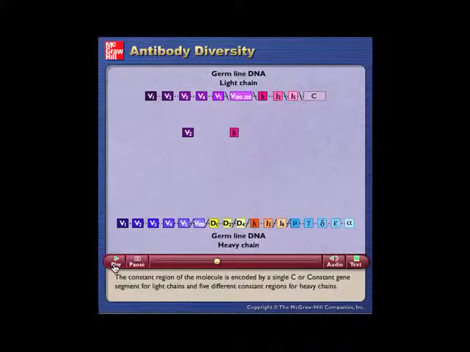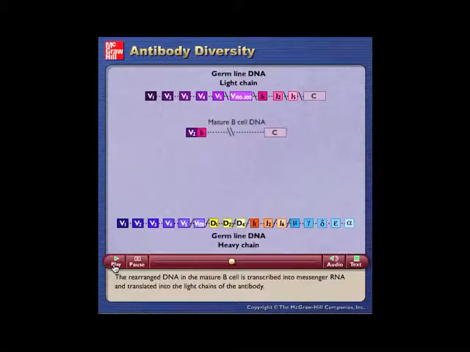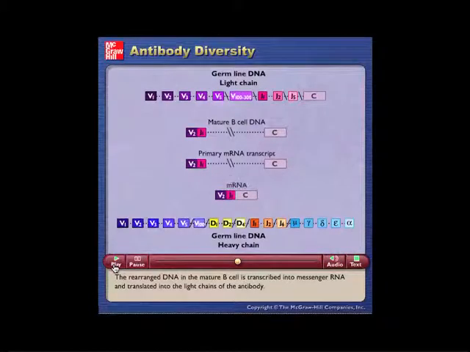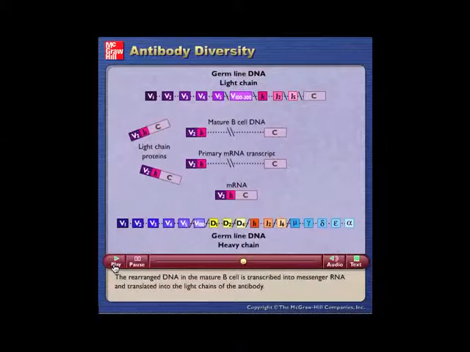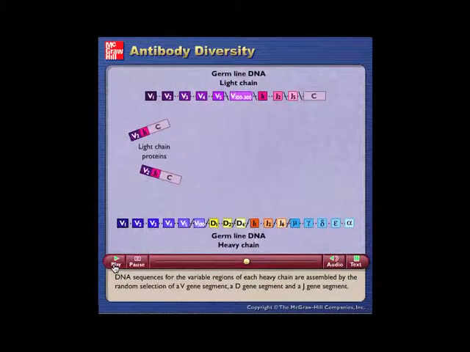The constant region of the molecule is encoded by a single C or constant gene segment for light chains and 5 different constant regions for heavy chains. The rearranged DNA in the mature B cell is transcribed into messenger RNA and translated into the light chains of the antibody. DNA sequences for the variable regions of each heavy chain are assembled by the random selection of a V gene segment, a D gene segment, and a J gene segment.